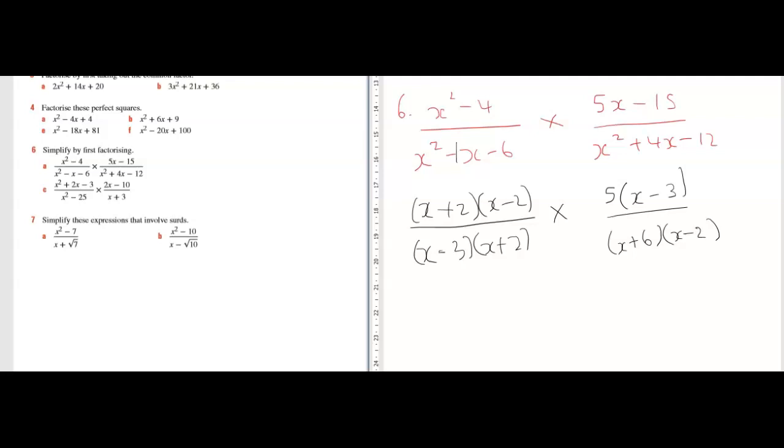So I've got x plus 2 here. That's going to cancel out with that x plus 2. Now this x minus 2 is going to cancel out with this x minus 2, and this x minus 3 is going to cancel out with this x minus 3. So effectively, all I am left with is this 5 and x plus 6. Okay, so all that working out for such a simple answer.